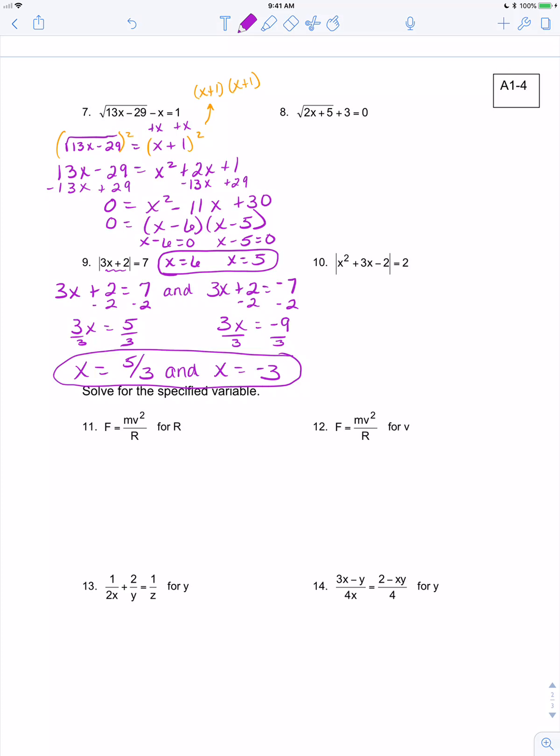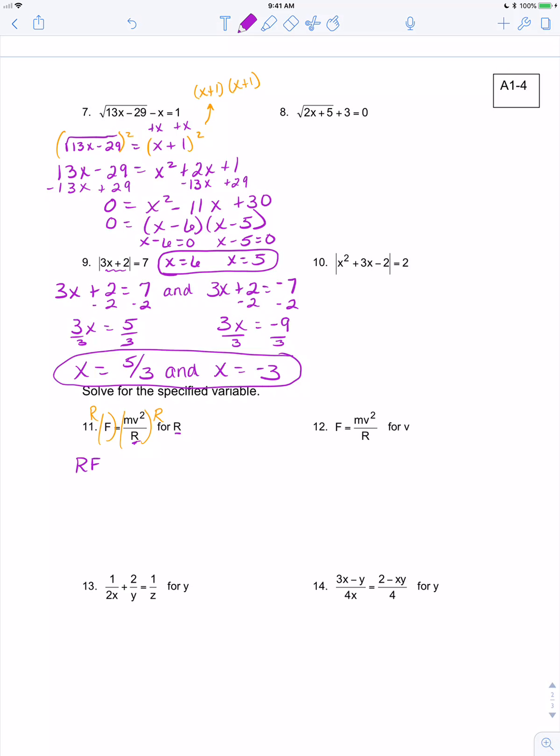All right, so in these last two problems, we're just going to solve for a specified variable. Here we're solving for r. So remember, anything that's in the denominator, we can multiply both sides by that to get it out of the denominator.